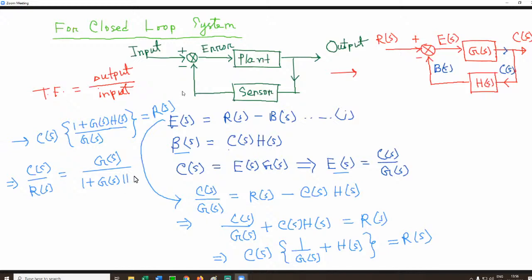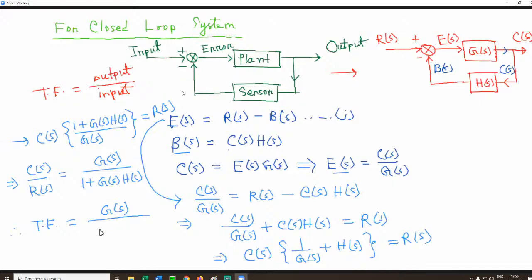GS SS. Okay, so you get that CS by RS equal GS by 1 plus GS SS. So can you imagine what will be the transfer function for the closed loop system? What is the transfer function for this system?